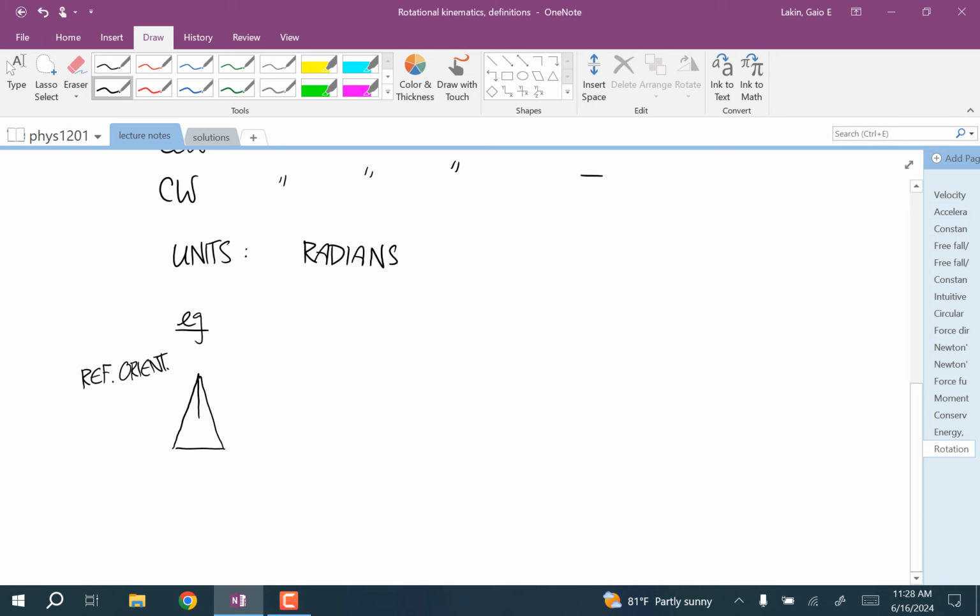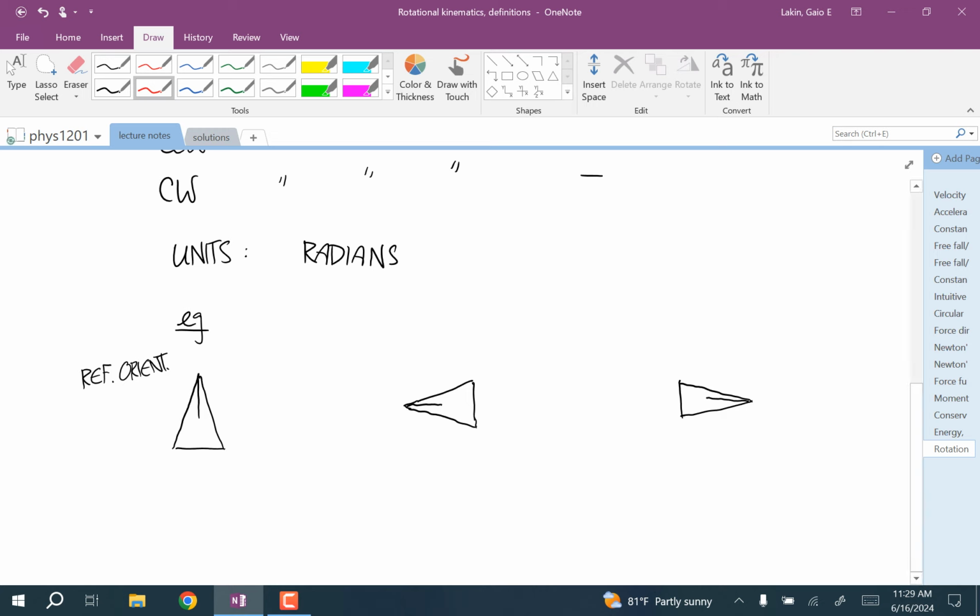And let's think of two orientations and think of the angular position of the body in these two. Okay, so if this on the left is what we're calling zero orientation, what would be the orientation of the one in the middle here?